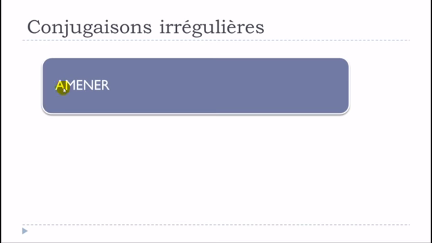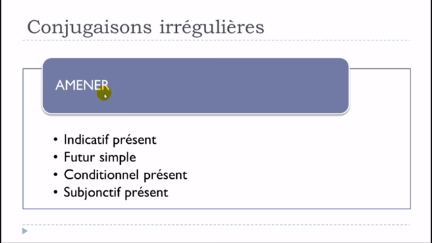I've taken amener, which is to bring someone. We'll see that the tenses that will have these slight changes are l'indicatif présent, le futur simple, le conditionnel présent, and le subjonctif présent.